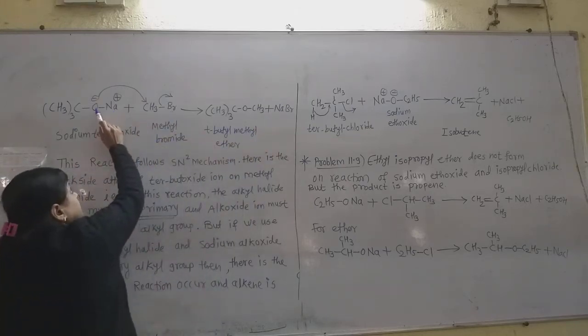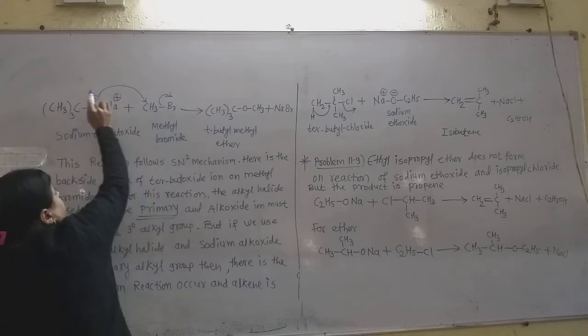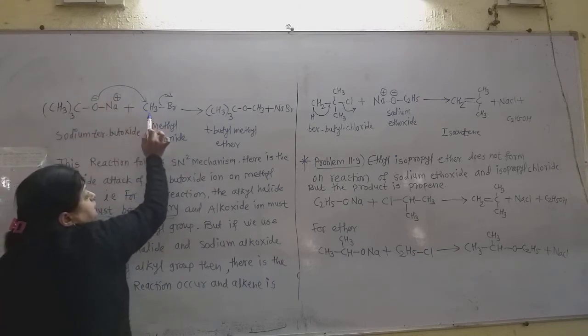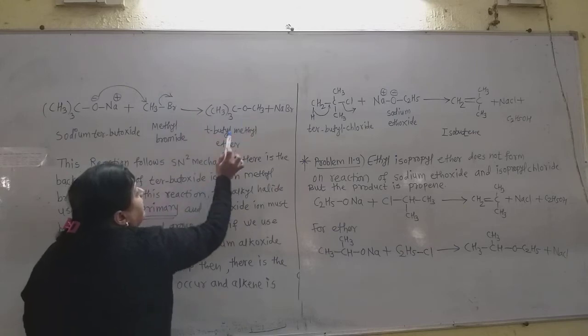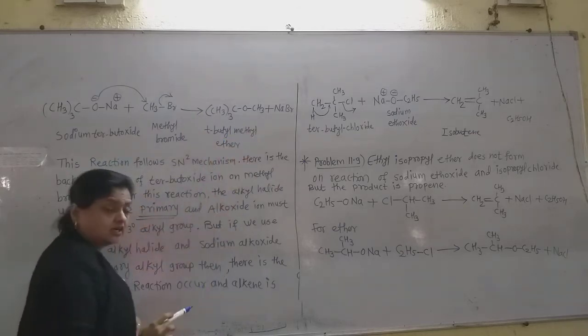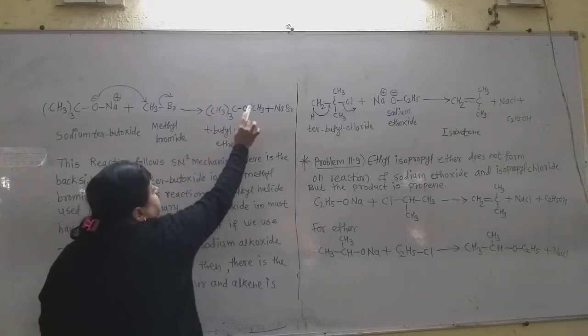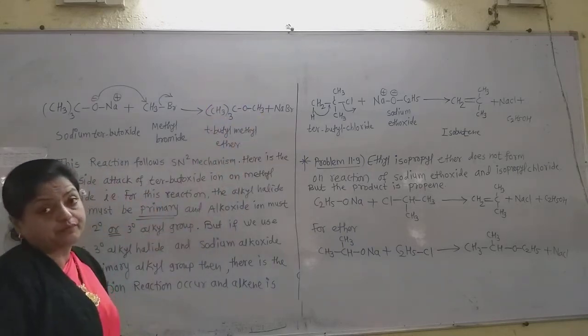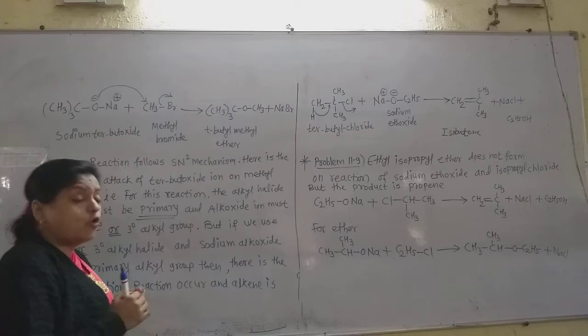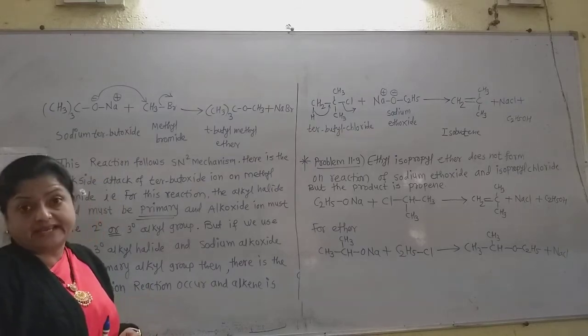This alkoxide gets attached to the methyl group, and the ether, tertiary butyl methyl ether, is formed here. Now this followed the SN2 mechanism.